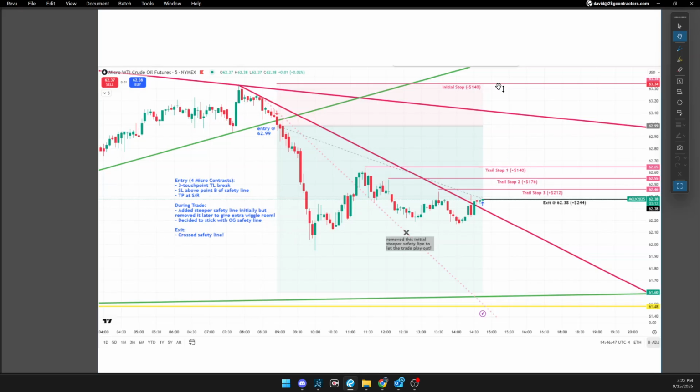Here's his initial stop, and his trail, and his trail. This one was a lot clearer. He took this first big pullback and put one stop here, locking in profits. Then it came down, he got another pullback, and he moved his trail up here, locking in some more profits. It comes down, pulls back, he gets another one, crosses his safety line, and he exits.